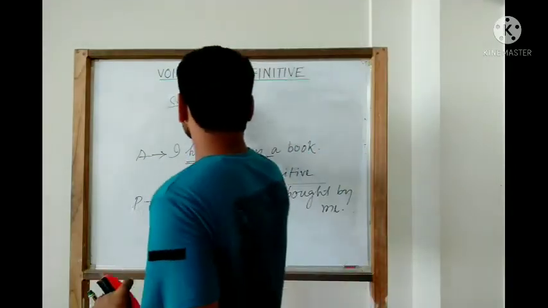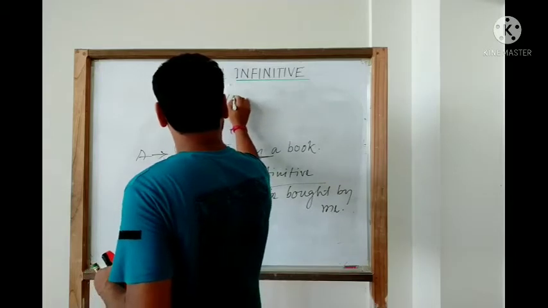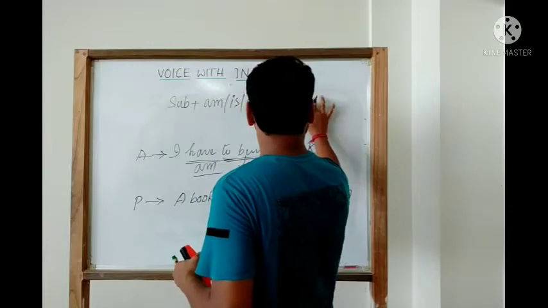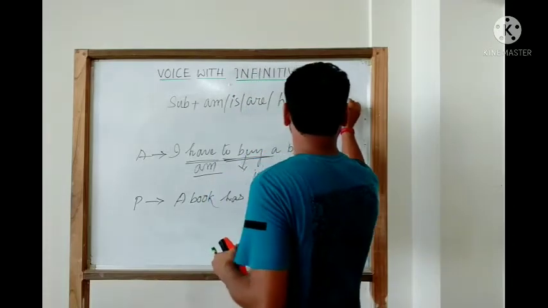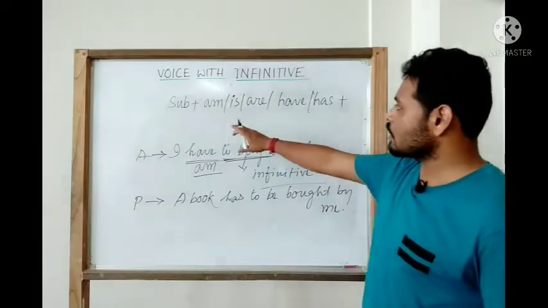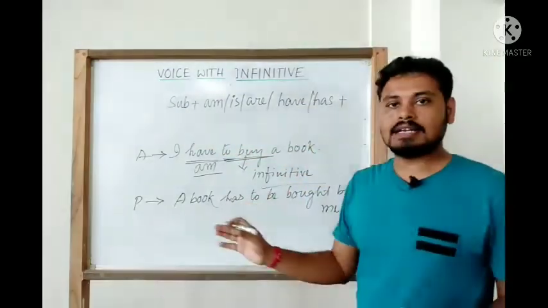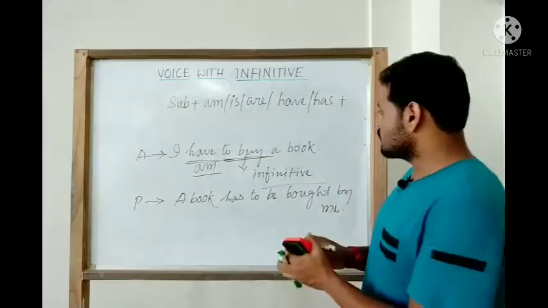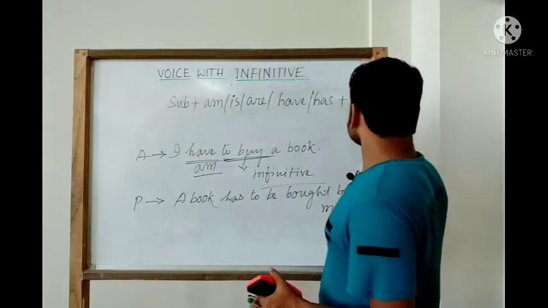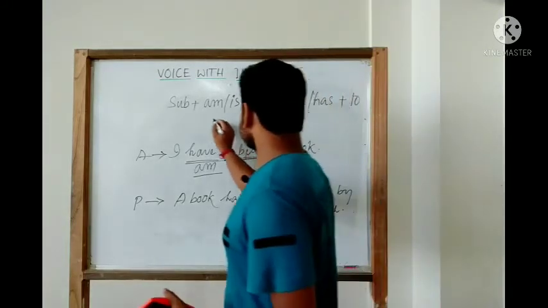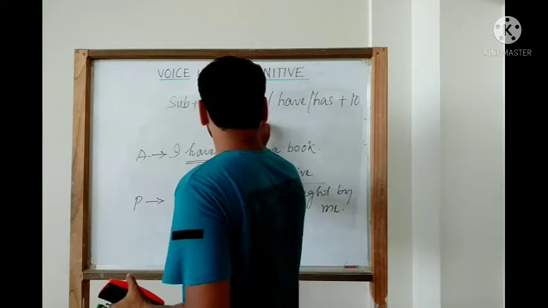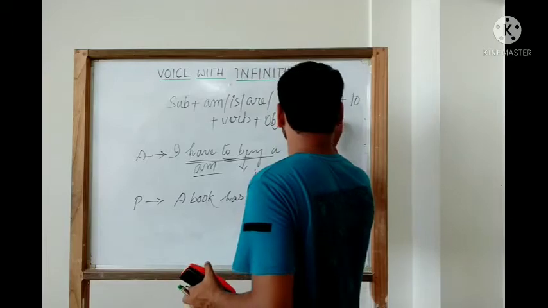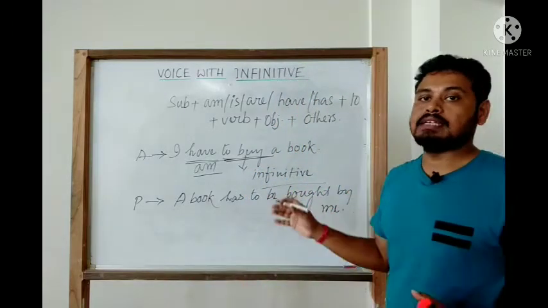So that's why I'm writing subject plus am is are have has. This is as per the requirement of the subject and as per the sentence. All these five can be used. Then what do we have? To, then verb, then object, then others if we have any.